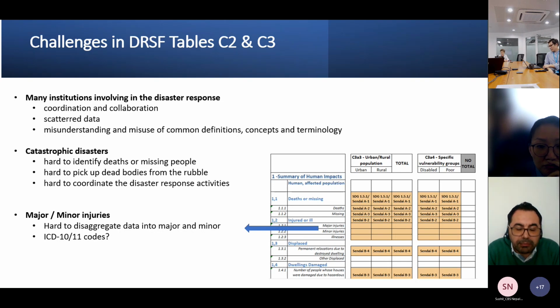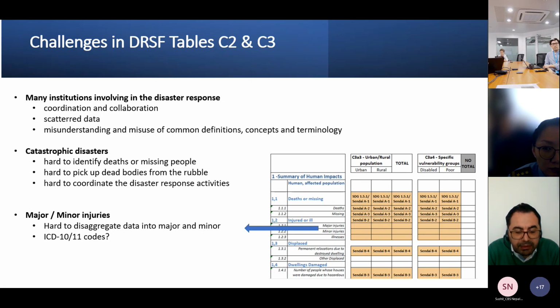Also, it can produce an overwhelming demand on state and local response resources and mechanisms. So it will be hard to identify the deaths or missing people during this catastrophic disaster.